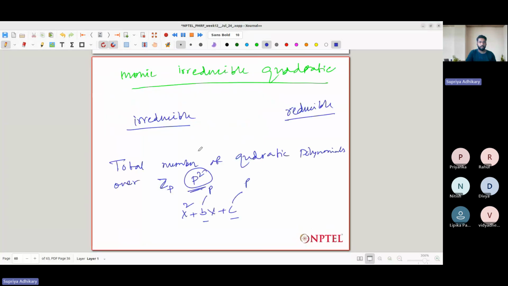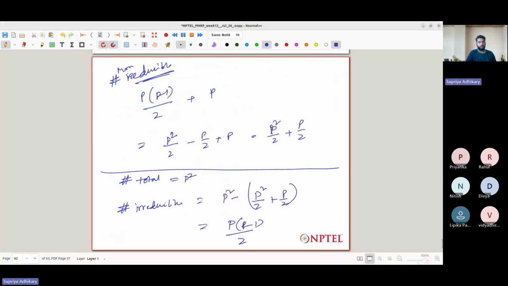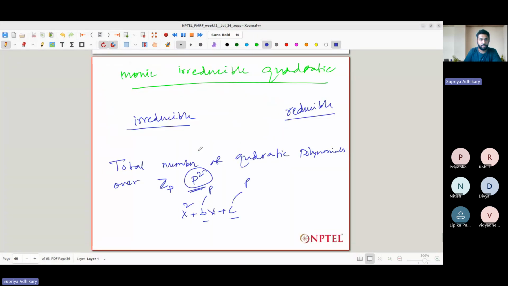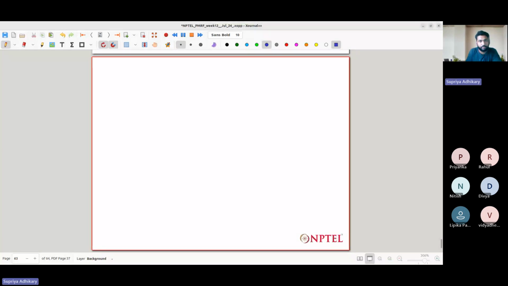Okay, so any polynomials that we're talking about here are basically monic. And now we have to find the total number of monic irreducible cubic polynomials.